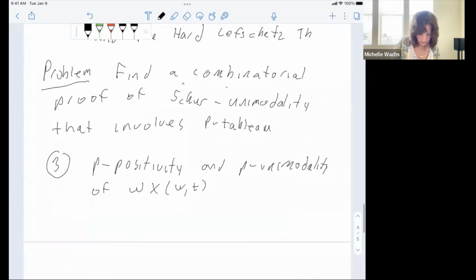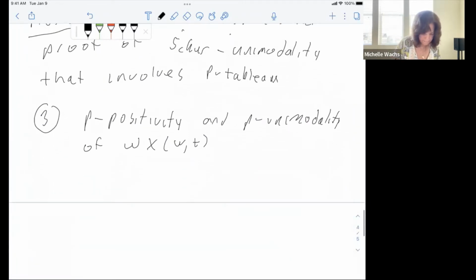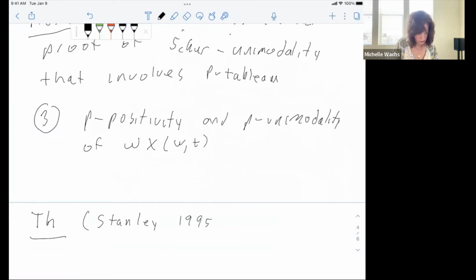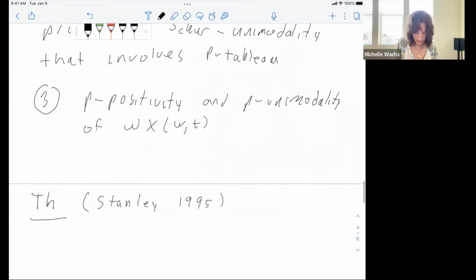So in the case t equals 1, Stanley proved it is P positive.